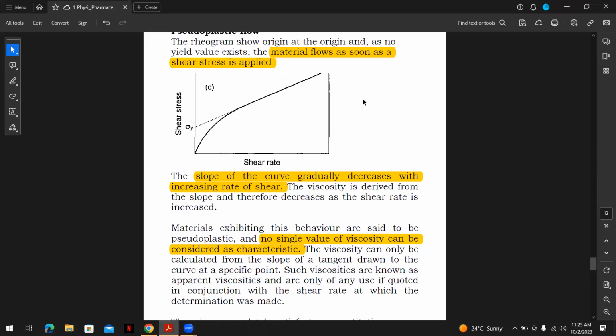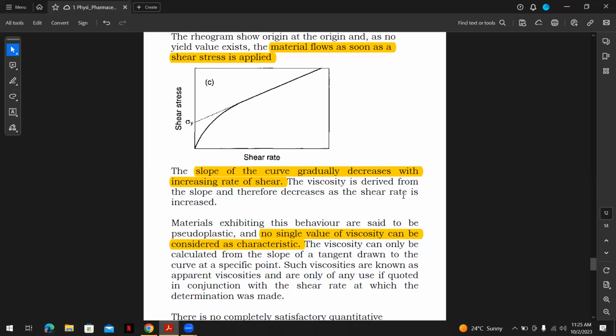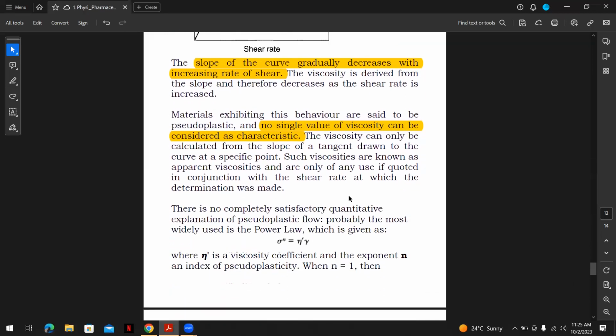And we said viscosity is resistance to flow. So if you increase the shear rate, the fluid will flow easily because the resistance to flow is decreasing. And for pseudoplastic materials, there is usually no single value of viscosity that can be considered. You have to calculate it from the slope.